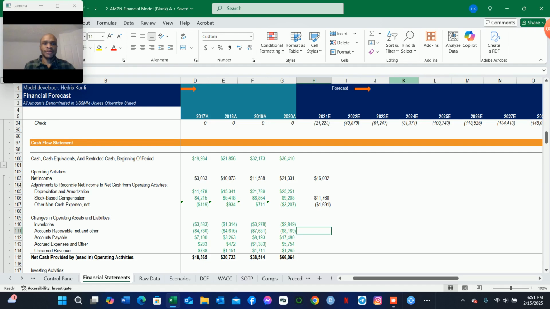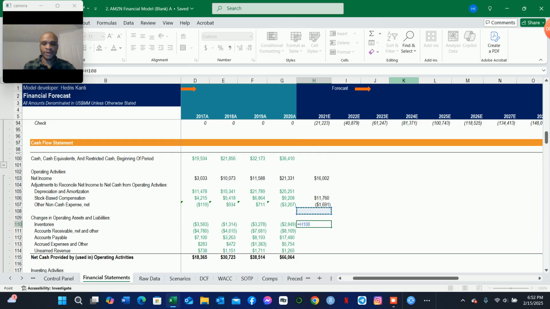And then for the inventories, accounts receivable, accounts payable, accrued expenses, and unearned revenue, all of these are non-cash items, which we have to offset with the net income that is generated in the period. So we're going to take these changes from the balance sheet.